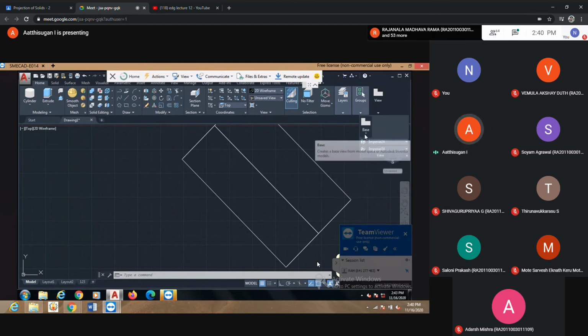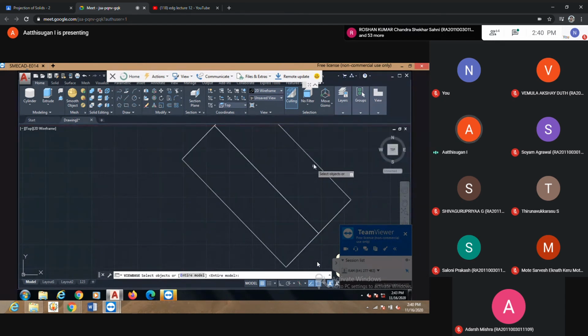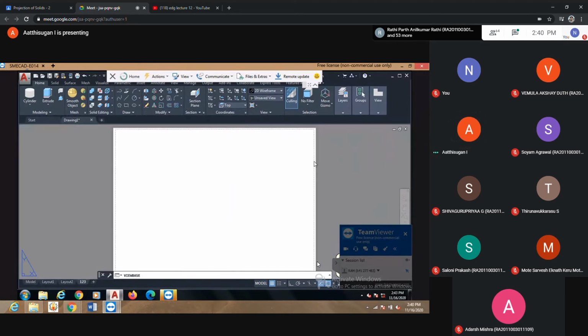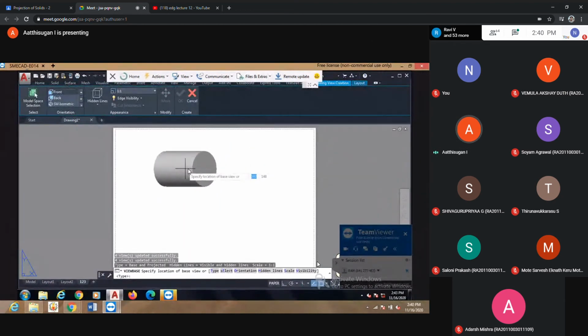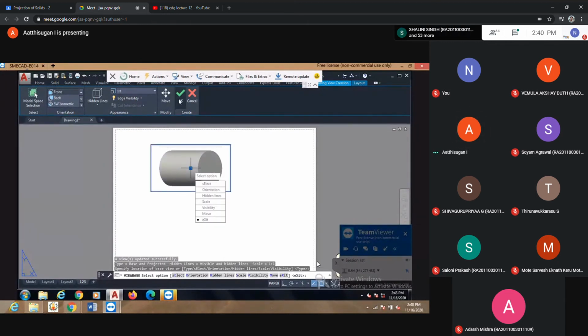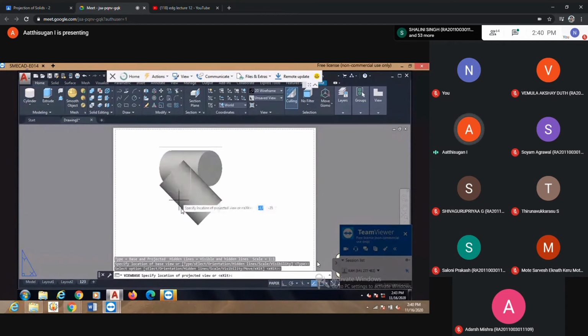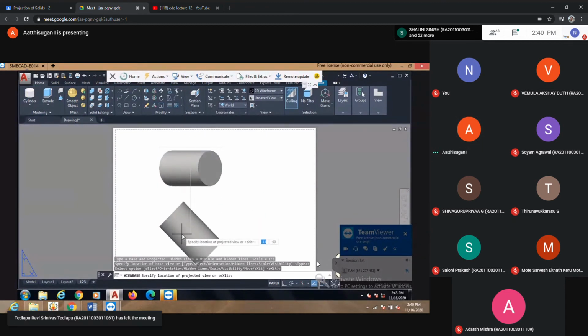So I'm going directly to base model space, select object, enter. This may be the front view. Then projecting below, you are getting the top view.